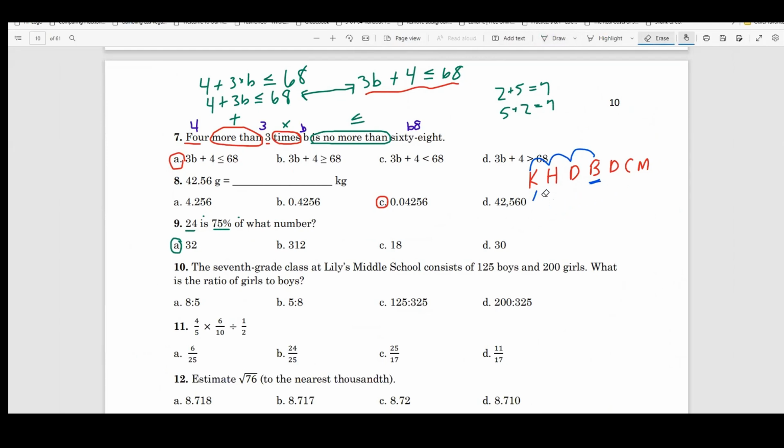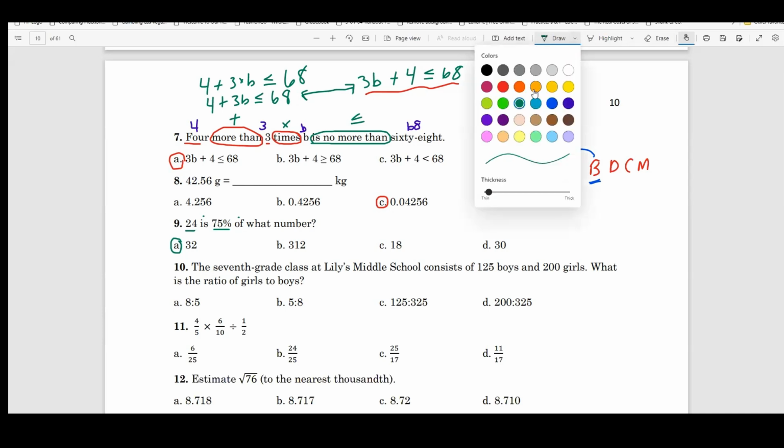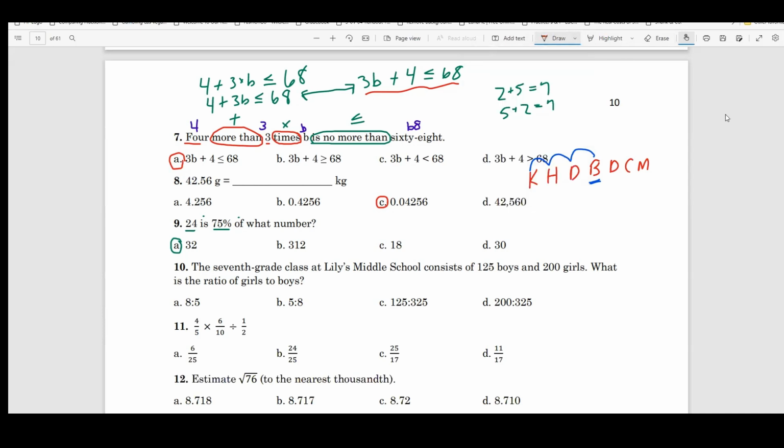Remember, the setup is always is over of is equal to percent over 100, and 100 is a given. It'll always be there. 75% is my percent because it has a percentage, and 24 is my is because it comes before the word "is."